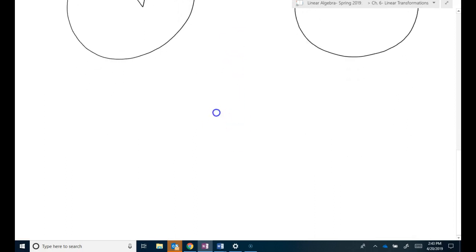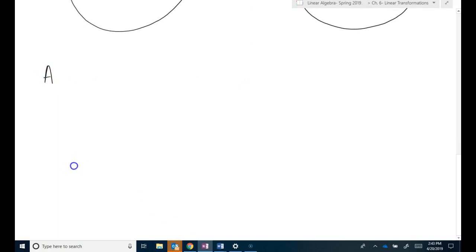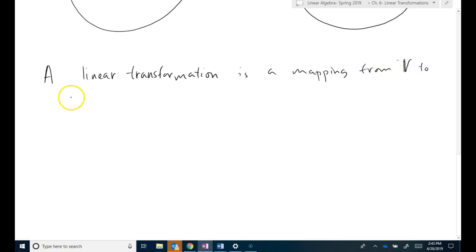Now, what we want to talk about then is a linear transformation. Our next definition: a linear transformation is a mapping from V to W, and we'll call that mapping T, such that we have two properties.